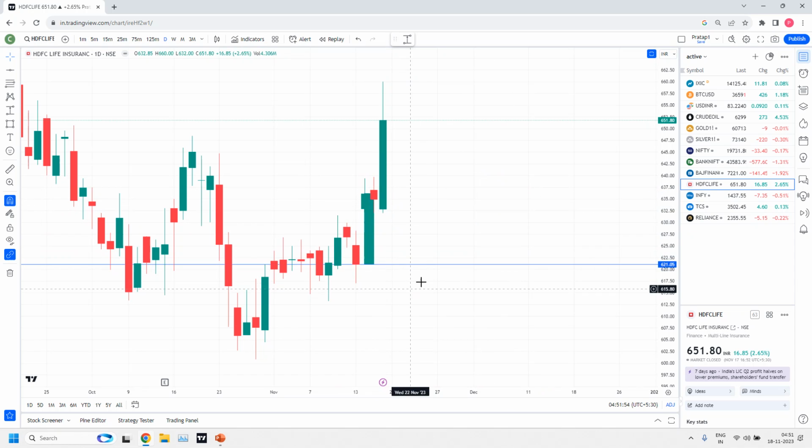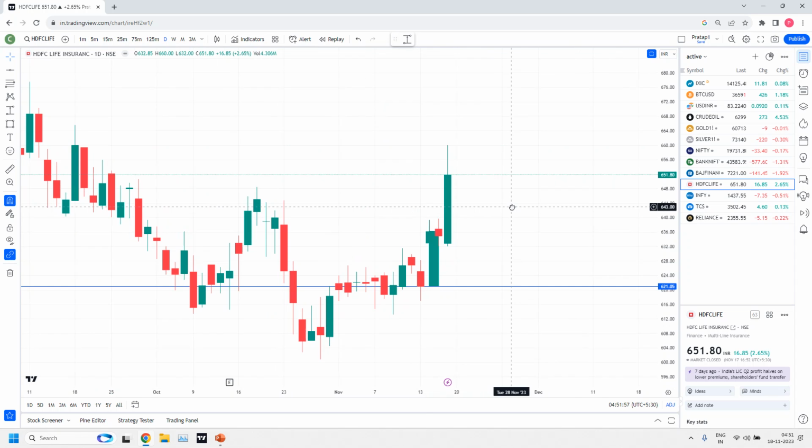From this blue color line, until the place where the wick is starting. See here. Now how does this candle look? See the small wick above this. Now is it not looking like a rally candle?